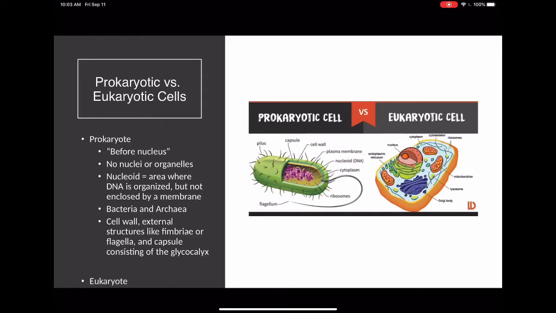The other type of cell we have is the eukaryotic cell. Eukaryote means true nucleus. In eukaryotic cells, we see the evolution of compartmentalization in the cell. This increases the efficiency of the cell because we can segregate different biological functions into these organelles.